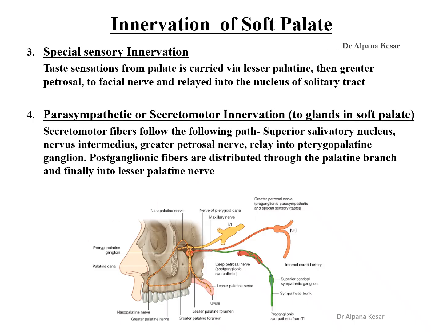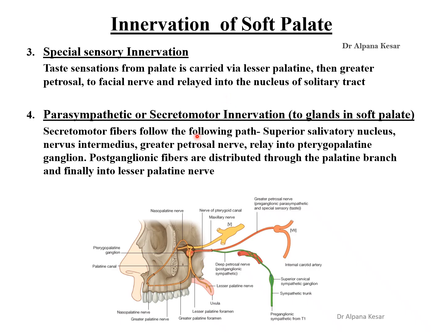Special sensory innervation. Taste sensations from the palate are carried through the lesser palatine nerve. The gustatory fibers then pass into the greater petrosal nerve, then to the facial nerve, and relay into the nucleus of tractus solitarius.